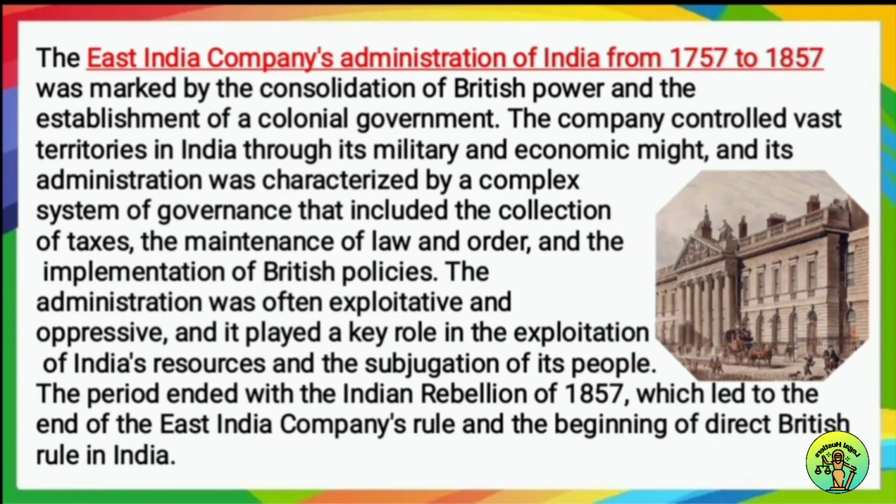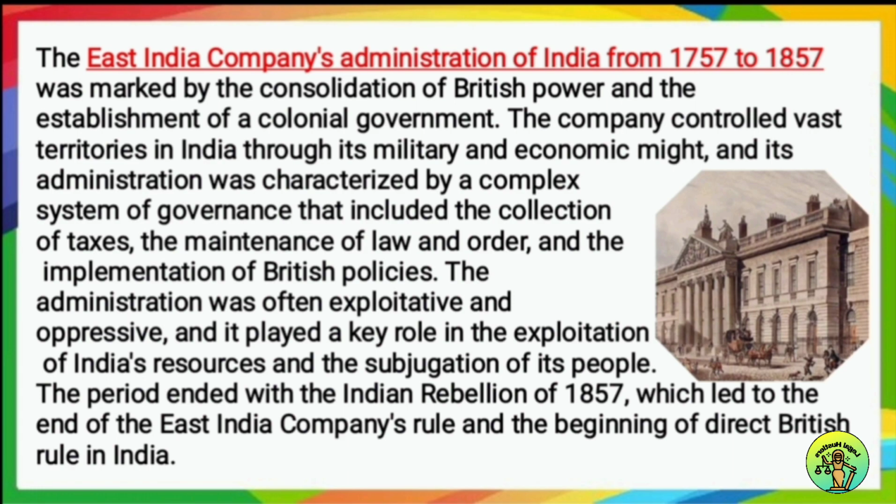The East India Company's administration of India from 1757 to 1857 was marked by the consolidation of British power and the establishment of a colonial government. The company controlled vast territories in India through its military and economic might, and its administration was characterized by a complex system of governance that included the collection of taxes, the maintenance of law and order, and the implementation of British policies.